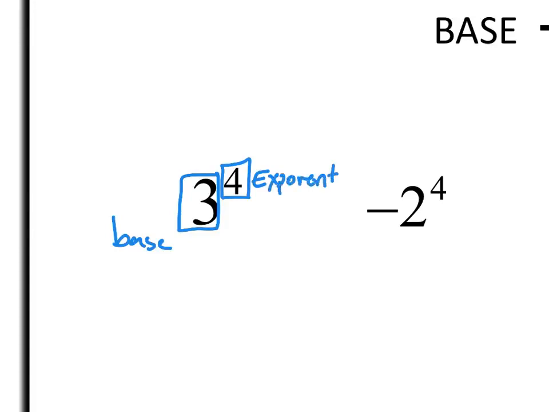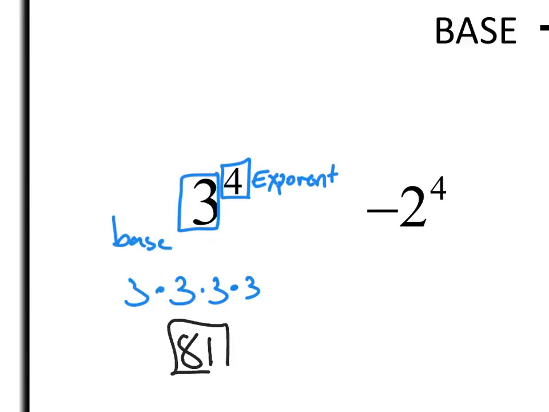So 3 times 3 times 3 times 3, notice it is 4 times. 3 times 3 is 9, times 3 is 27, times 3 is 81. So the exponent tells you to multiply the base by itself that many times. Do not multiply the two numbers. 3 times 4 is 12, but you are not multiplying those two numbers. You're multiplying the base by itself.